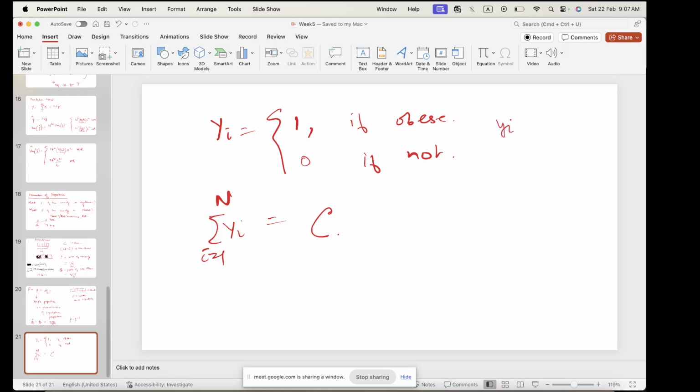Summation of yi, where yi is 1 if sample i is obese and 0 if not, with i equal to 1 to n, is actually going to give me the small number of cases. Okay, and now let us write summation of capital I square.